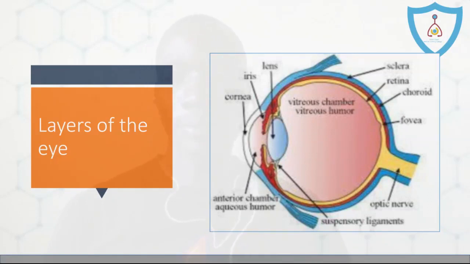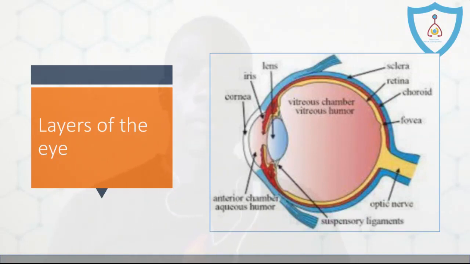Anteriorly, the sclera is very transparent to form the cornea, and this layer is usually fibrous. So we can also call it the fibrous tunic of the eye. Because it is fibrous, it provides a lot of strength to give the eyeball its shape, and also acts as a protective covering.